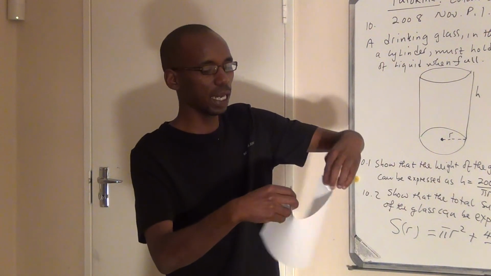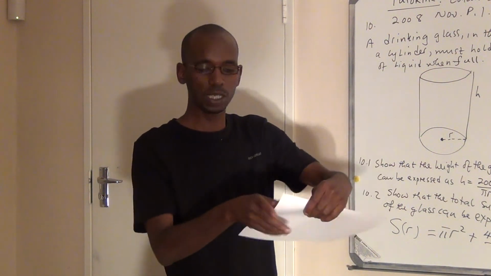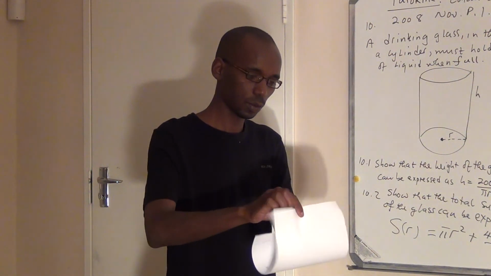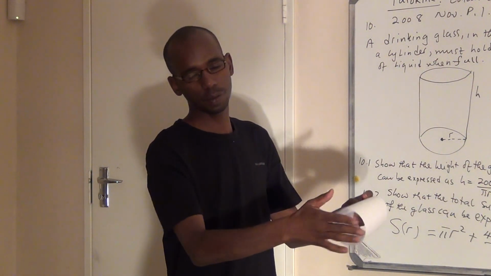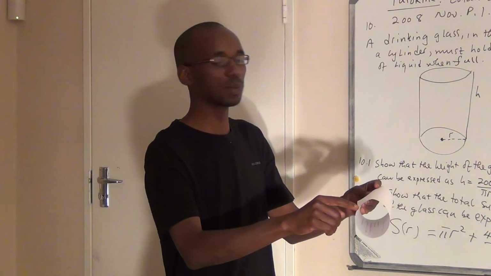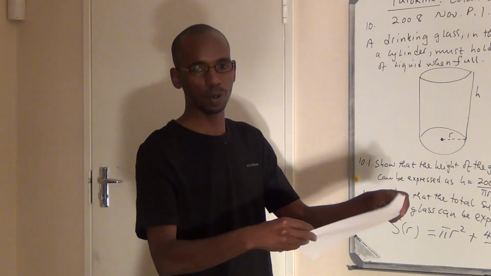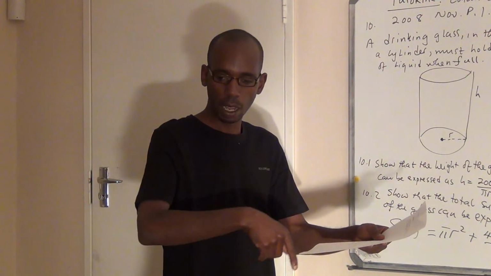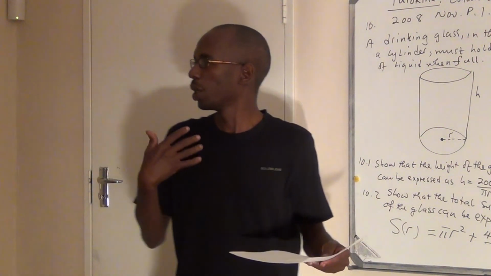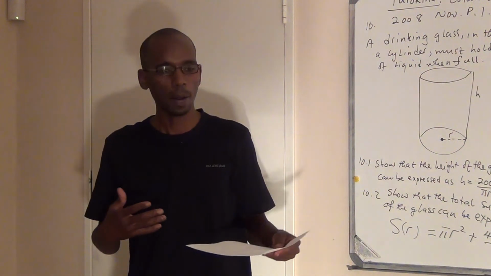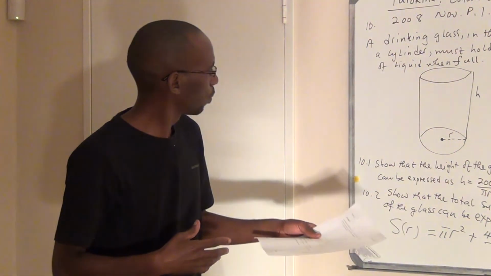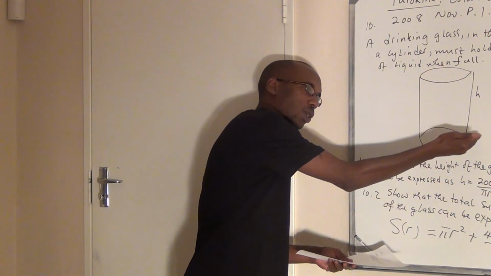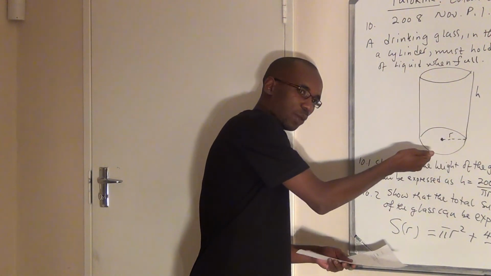What about this other end? What about this side? Again, if this is my circular part, then this actually becomes my height. So when I open up, I have got my original circumference, then I have got my height. The important thing to realize is that we are assuming our cylinder or our glass is closed at the bottom.